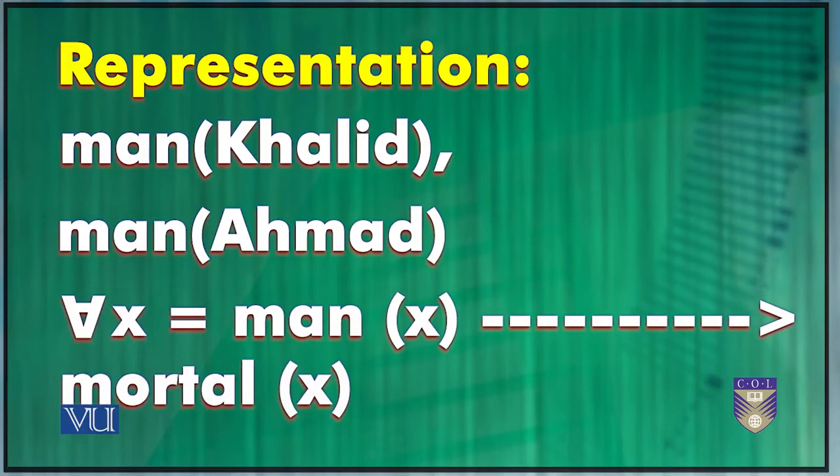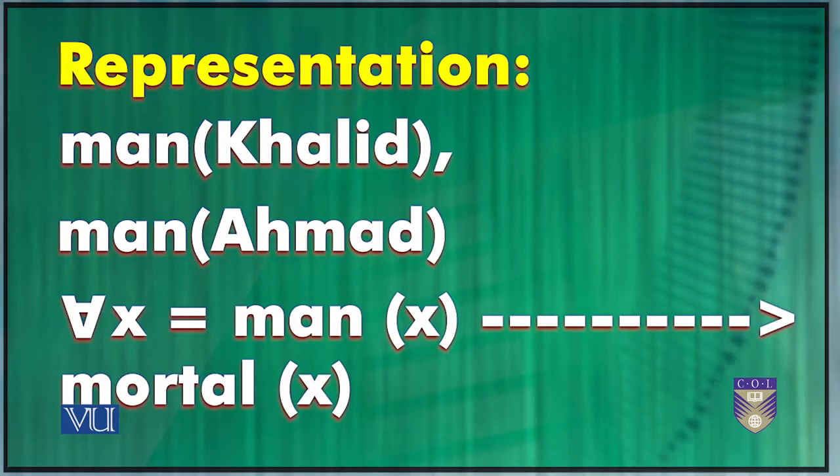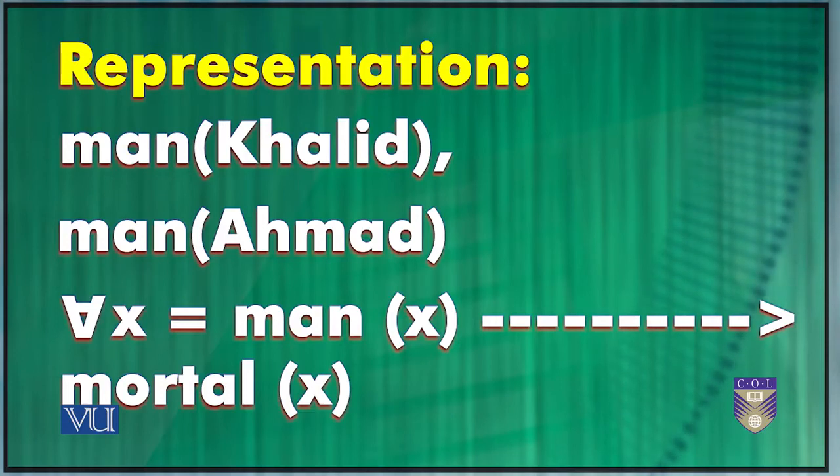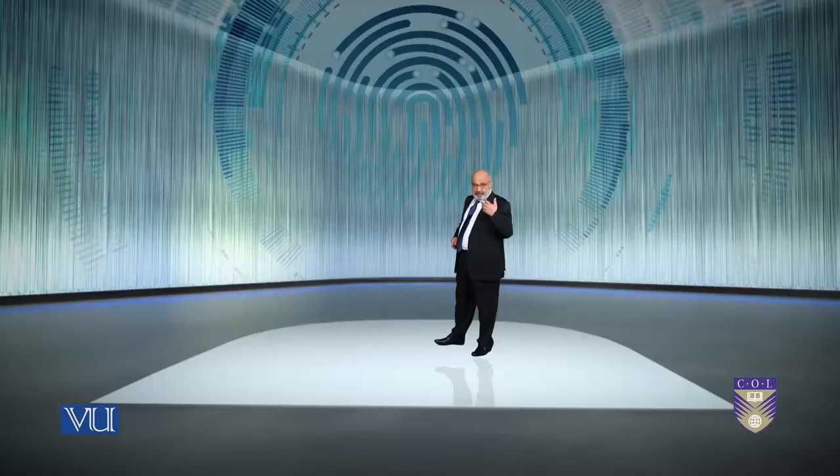Then, in logical form, you can say for every x, where man(x), it means that x is mortal, meaning for all values of men, they're all mortal. So this is a very simple, small representation of what we mean by the inference that we get out of this.